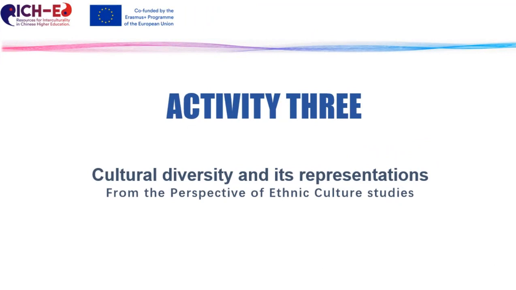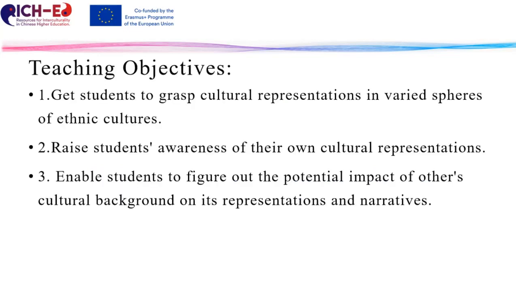Activity 3 focuses on cultural representation of ethnic groups in China. This activity aims at raising students' awareness of cultural representations and enable them to read and appreciate representations in a variety of spheres, say architectures, decorations, ceremonies, etc. Also, the text reading part in this activity is to sharpen students' sensitivities in exploring others' narrative compared with self-narrative.